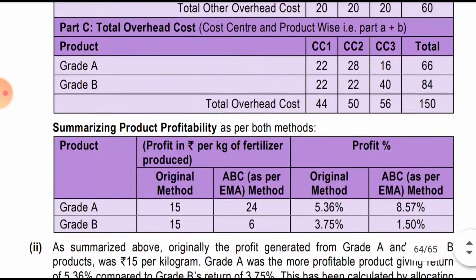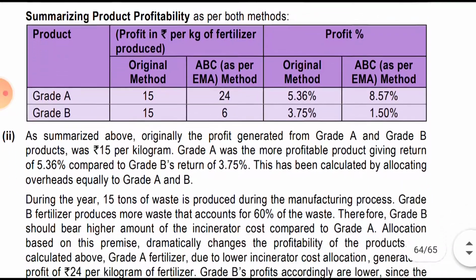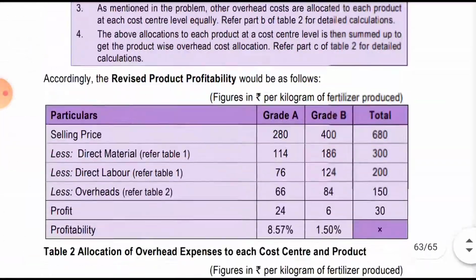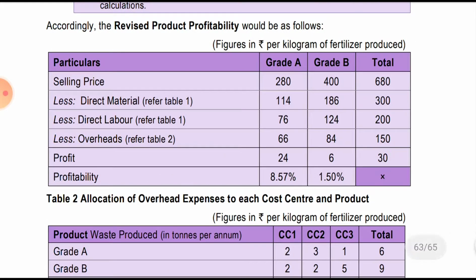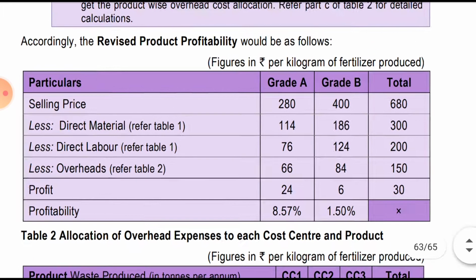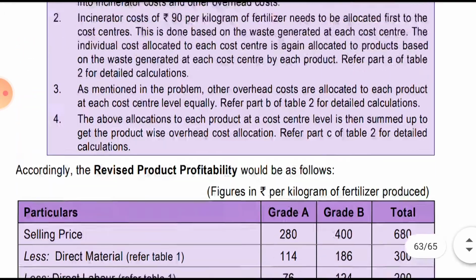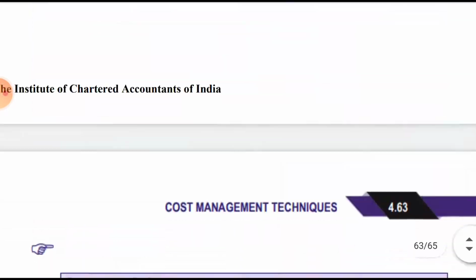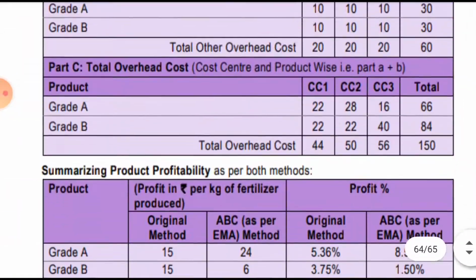This is the entire calculation. Again the same thing they have given, and we are done actually with this. So the table preparation is done. The other boxes are all working notes. The main table is this one for the revised one, and the earlier one is important for the answer specifically.